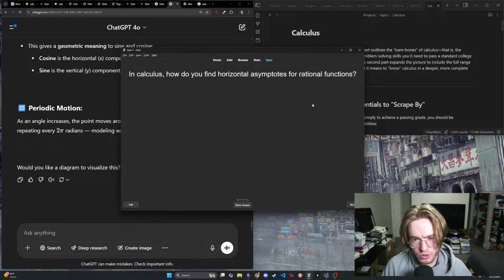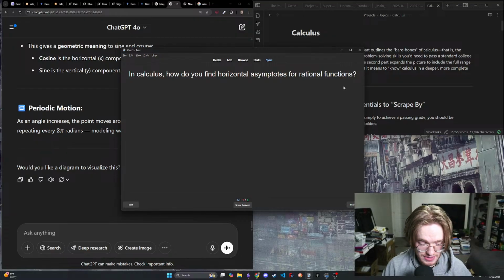Okay. How do you find the horizontal asymptote for rational functions? For a given rational function, if the power of the leading coefficient in the denominator is at least 1 more than the numerator, then the asymptote is 0.